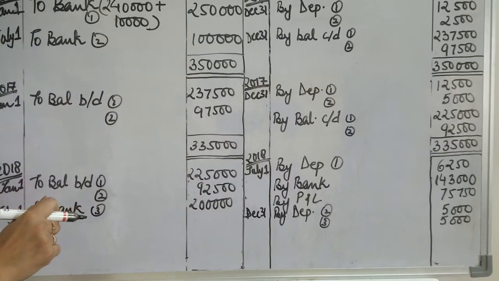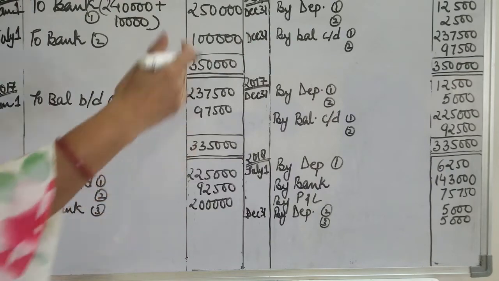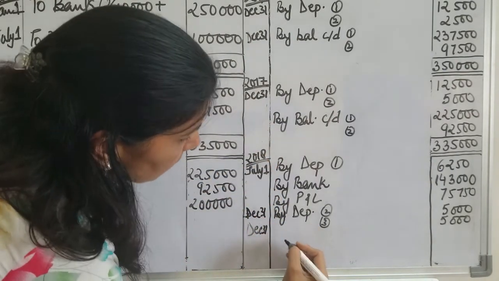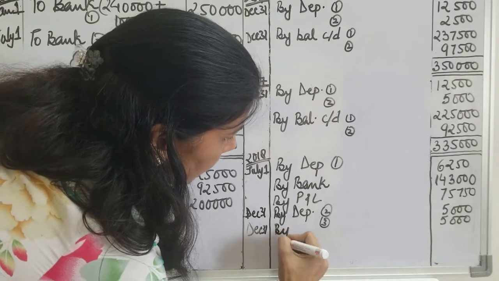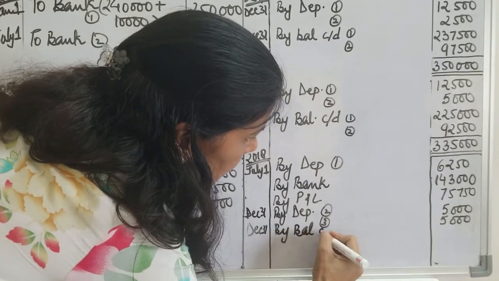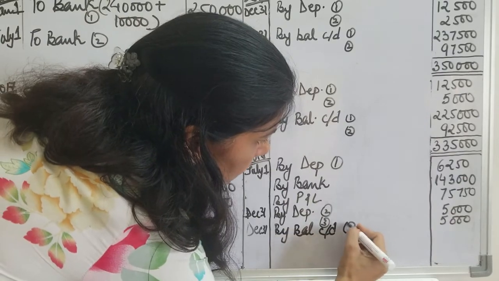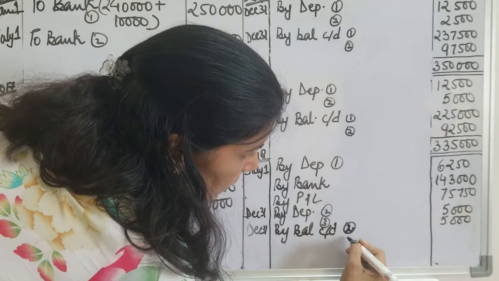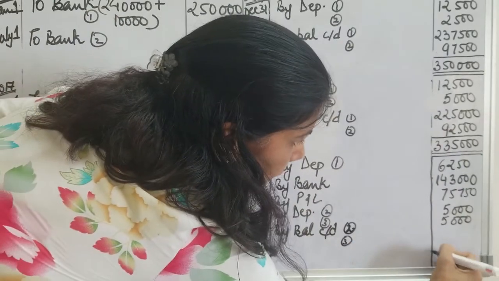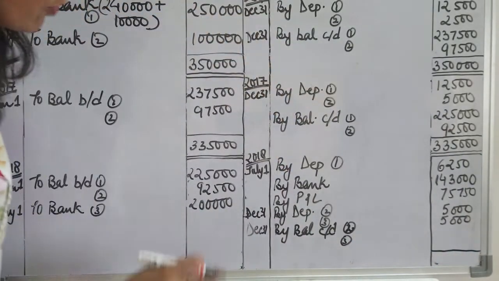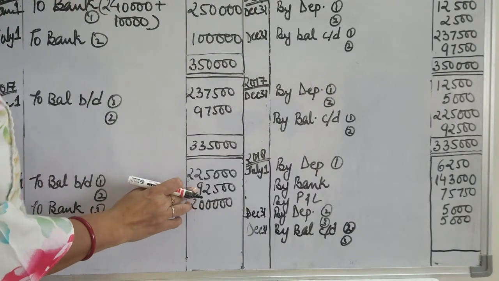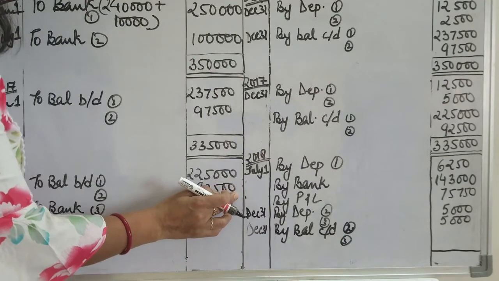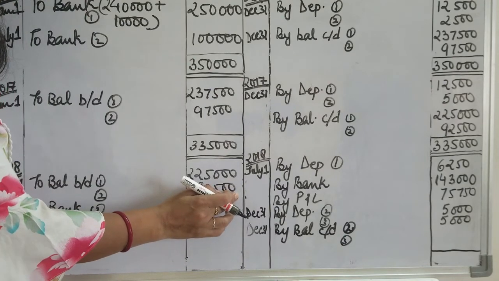Now that we are done with the accounting of all 3 years, let's just balance it and close the account. So December 31st, by balance CD of second machinery this time. First was sold off. So second machinery and third machinery, right? So now here second machinery has a balance of 92,500. From this we have to deduct the depreciation amount.